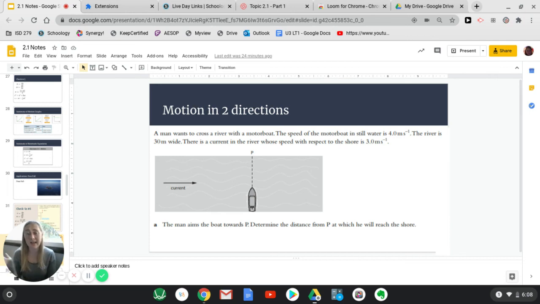And during that time, he's also getting pushed to the side. Question A wants you to figure out how far to the side he is going to be in distance. So if he's getting pushed at 3 meters per second for 7.5 seconds, you figure out that he ends up about 22.5 meters downriver.